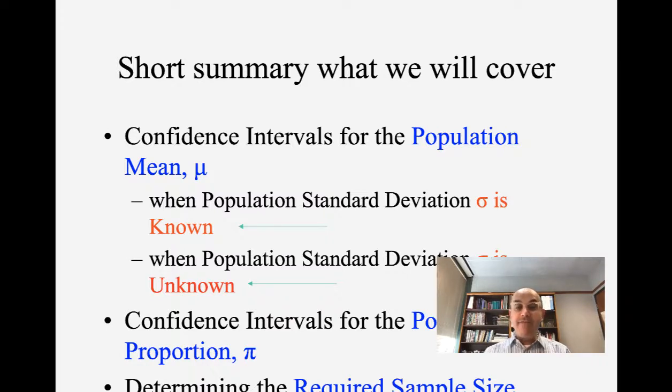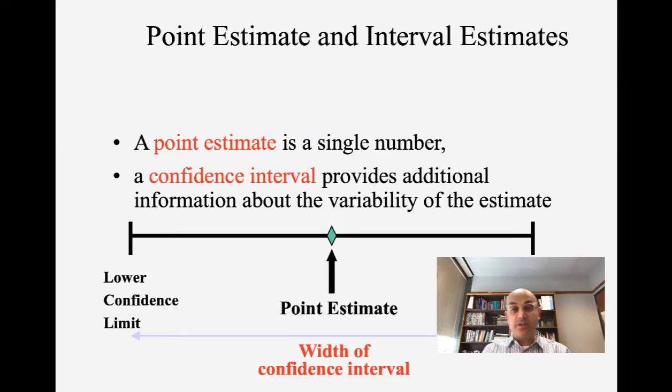When we have confidence interval for the population proportion, we talk about pi. And we also have to remind ourselves that we have a procedure that requires a sample size.